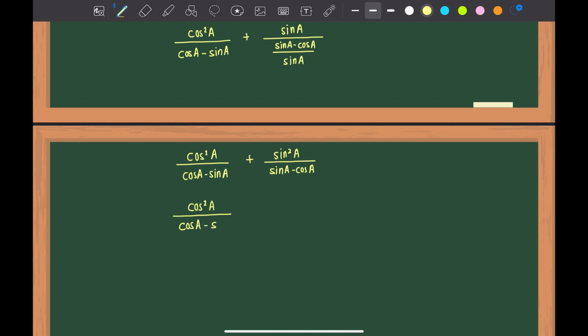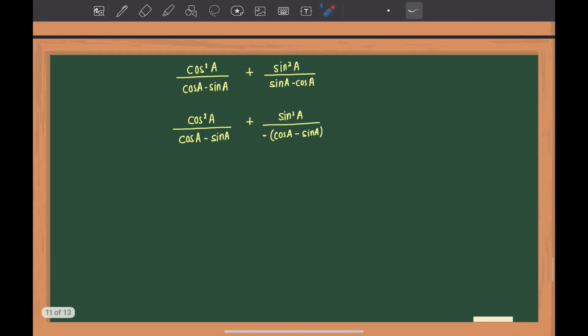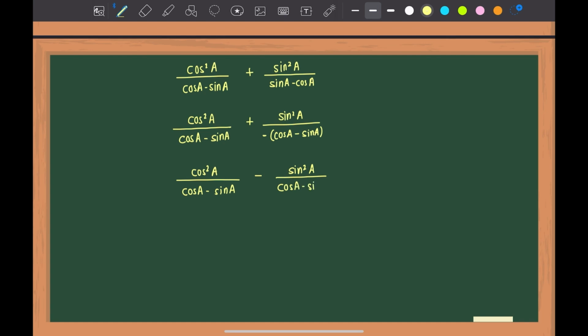So this will be in this manner plus sine square A. So when we take negative common, it just gets reversed, that is cos A minus sine A. Now if plus and minus get multiplied with each other, it will be negative only. So I can write cos square A divided by cos A minus sine A and then a minus sign, minus sine square A divided by cos A minus sine A.